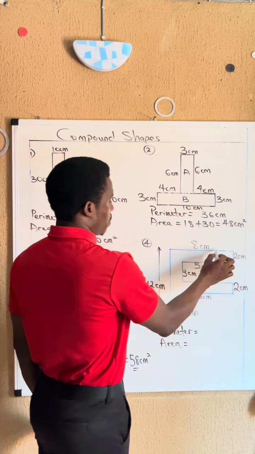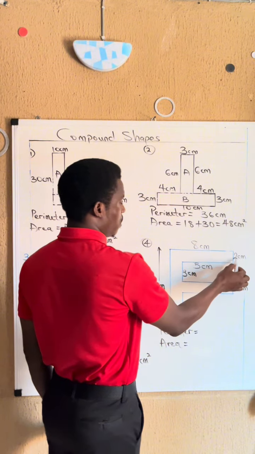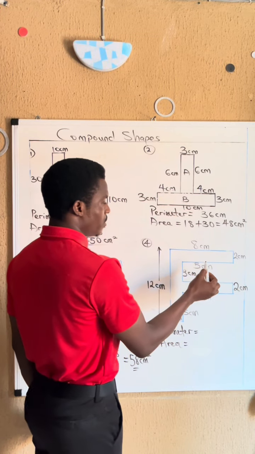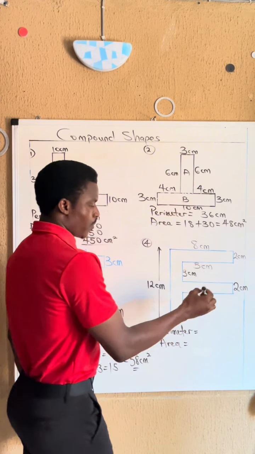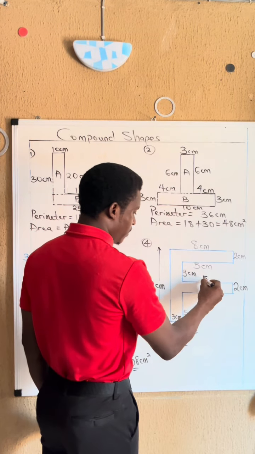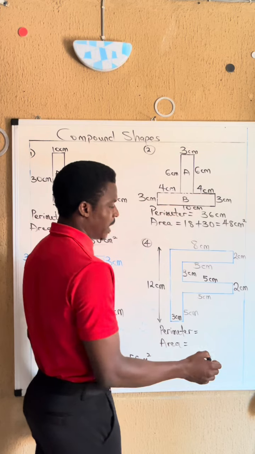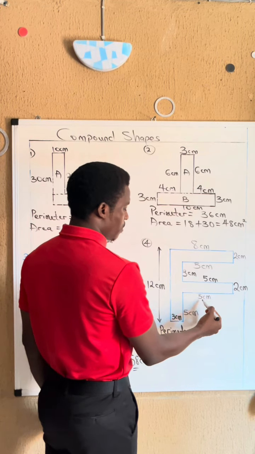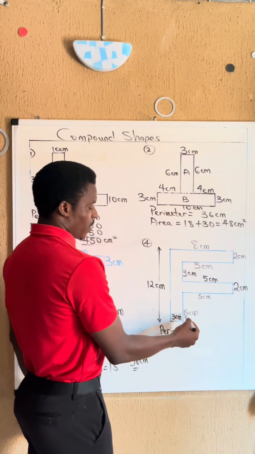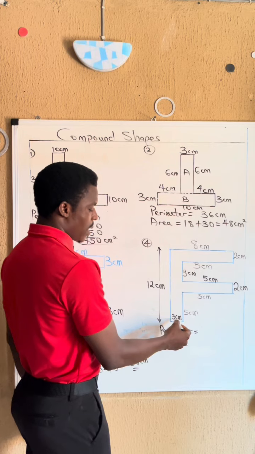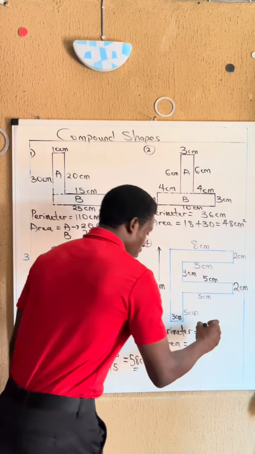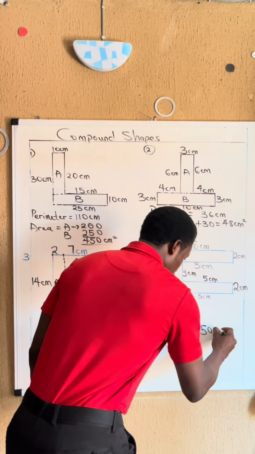We go from here, 12 plus this, it gives 20, 22, 27, 30. Okay, this is also 5 centimeters. That is 35, 37, 42, 47, and 50. So that is 50 centimeters.